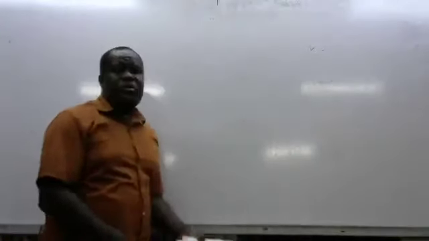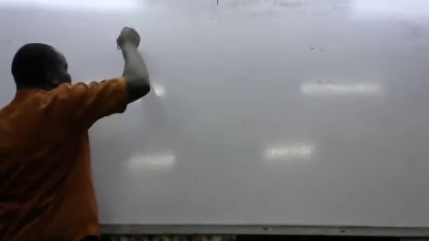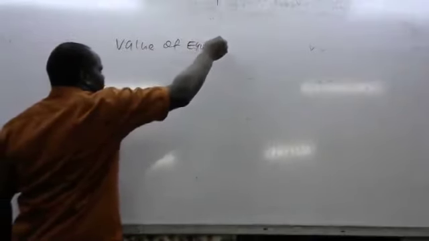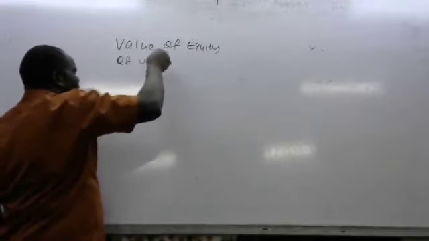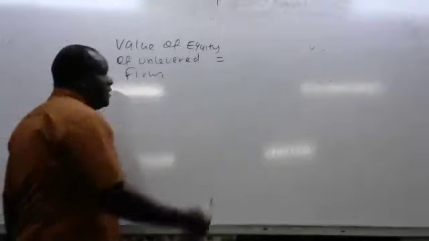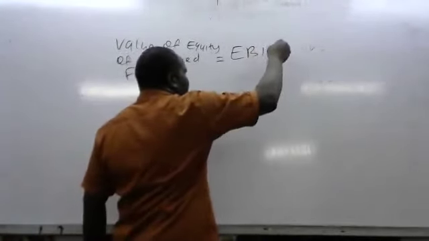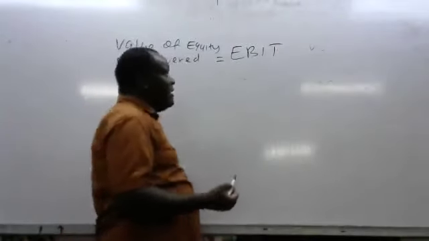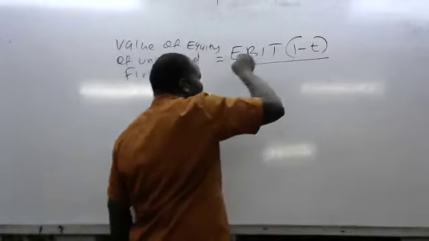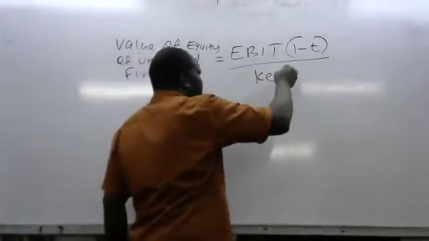So when you want to compute value of equity of the unlevered firm, it is given by earnings before interest and tax, times 1 minus the tax rate, divided by KEU.